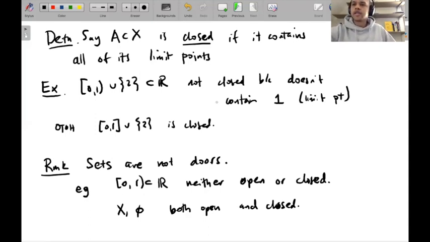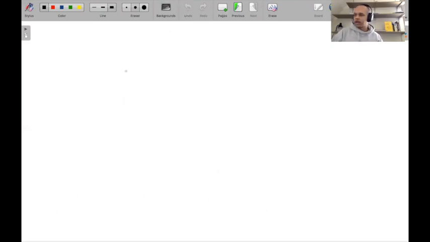So this is maybe a bad choice of terminology for open and closed, since you don't have the seemingly obvious thing that sets are either open or closed. But nevertheless, there is a relationship between open and closed sets, which I'll state as the following proposition.